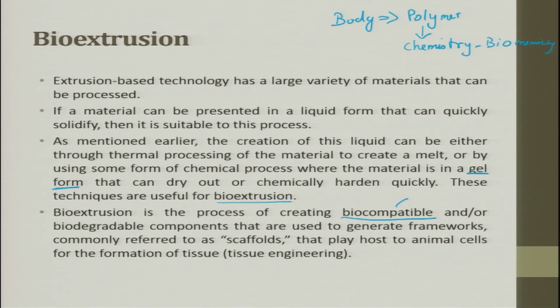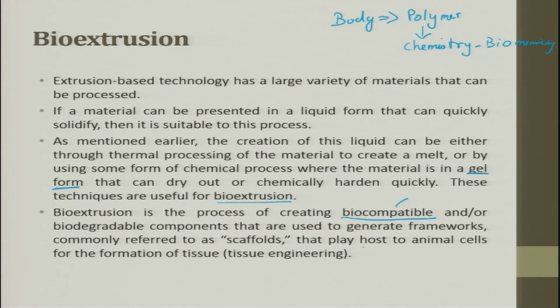If we can reduce the nozzle diameter and control the flow of the material, then you can get very high resolutions, and the features you make will be very close to reality. That is why they use liquid or gel as a starting material. So, bio-extrusion is a process of creating biocompatible and or biodegradable components.